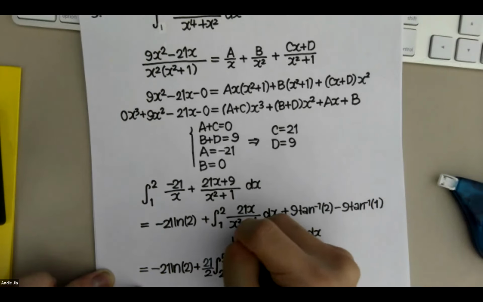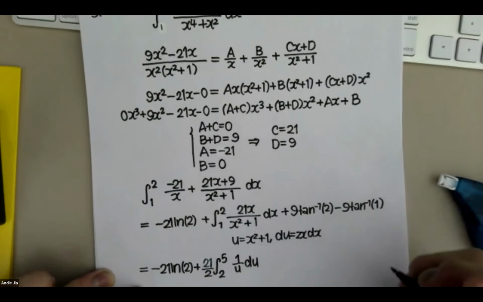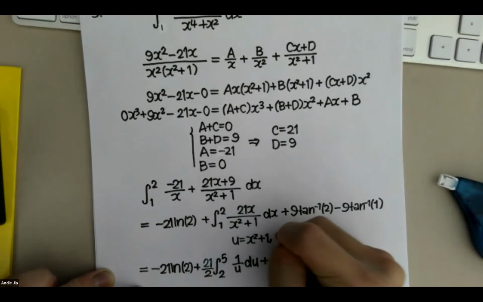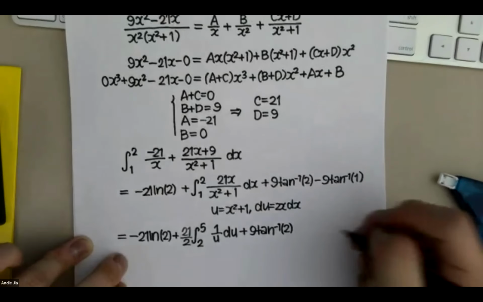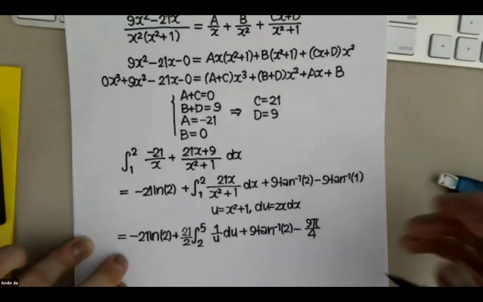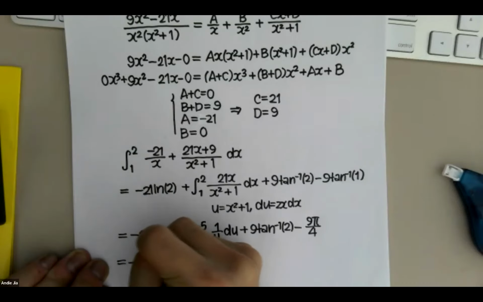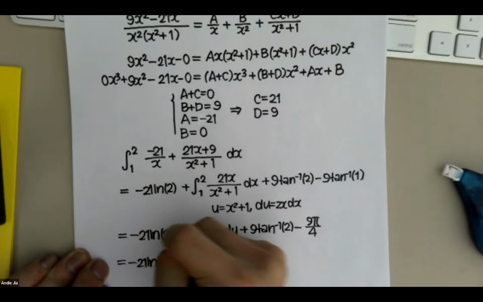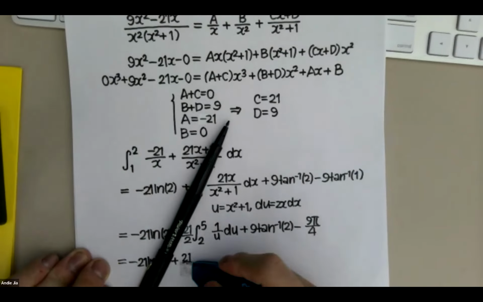That's going to be 1 over u du, and then plus 9 arctangent of 2 minus 9 pi over 4. And then just to do the natural log again, it's going to be negative 21 natural log of 2 plus 21 over 2, not 5.